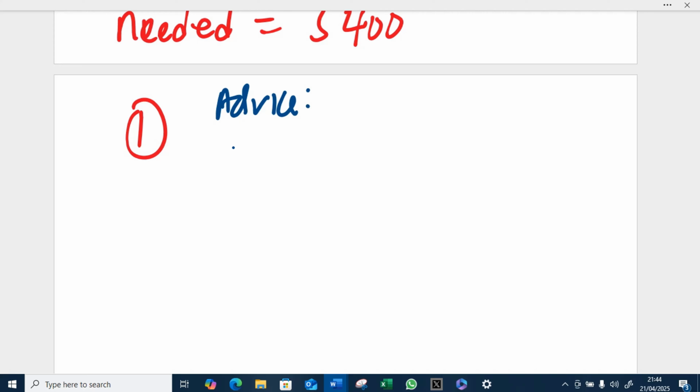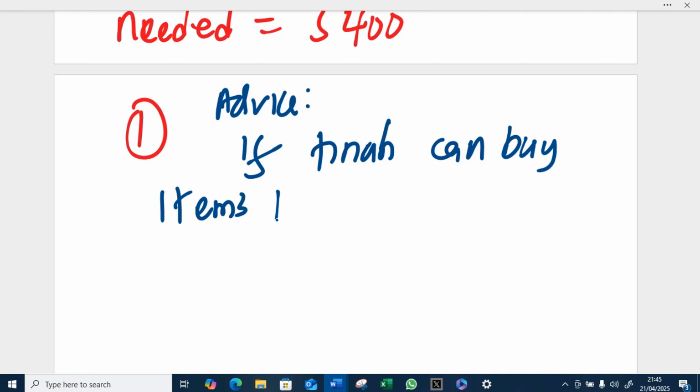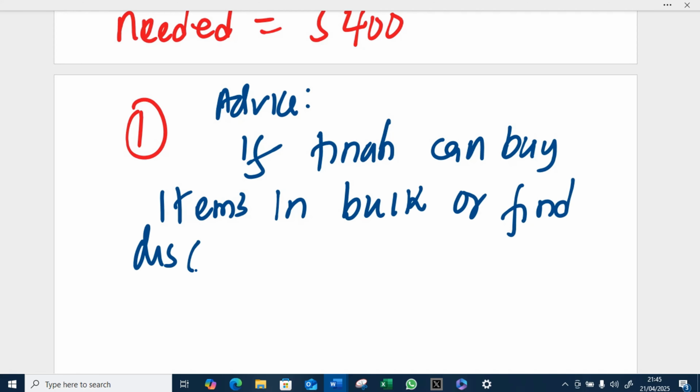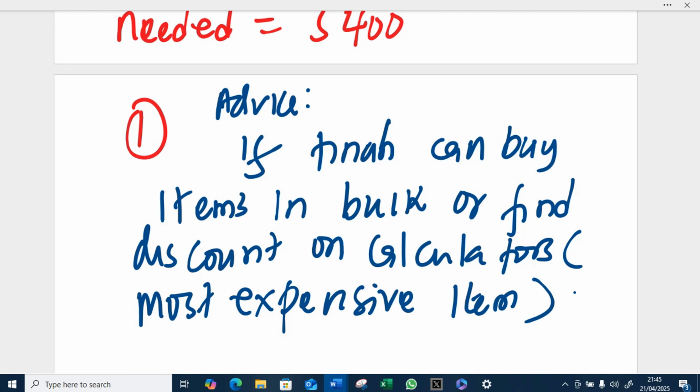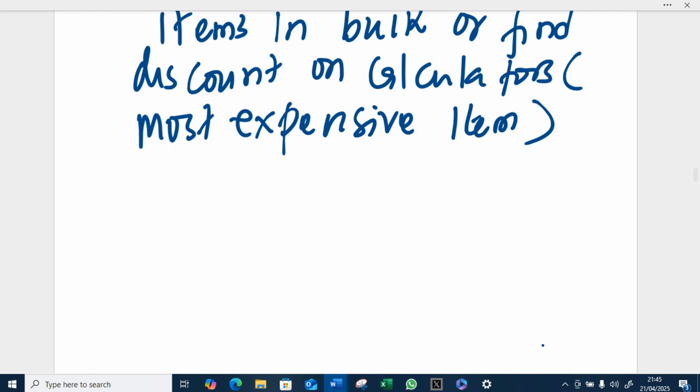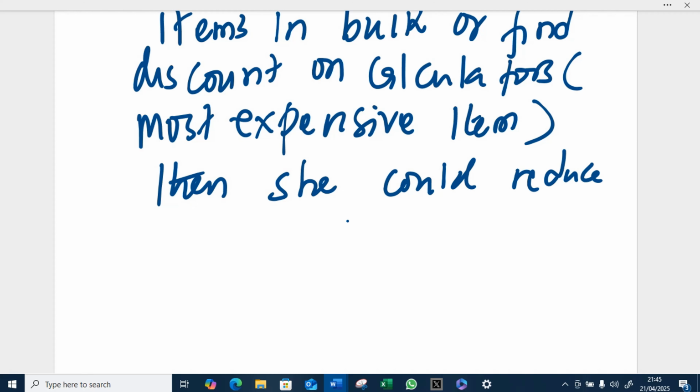If Tina can buy items in bulk or find a discount on calculators, which is the most expensive item among the three, then she could reduce on the total cost.